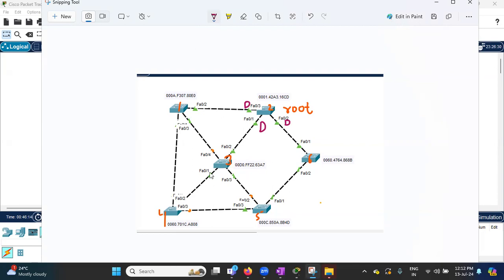Okay, Rahul, are you here? Are you there? Yes. Okay, tell me, what is the root port on switch number 4?